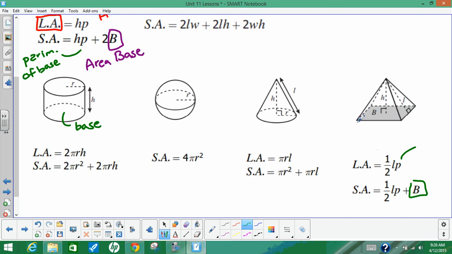So if we go along this base, we add up all the sides, we'll get little p, the perimeter. And hopefully you can see here, something we talked about in the last video, I do get a right triangle that's formed here. So if for some reason you get the radius and you get the height, but you need L, we can do a little Pythagorean theorem to get L.